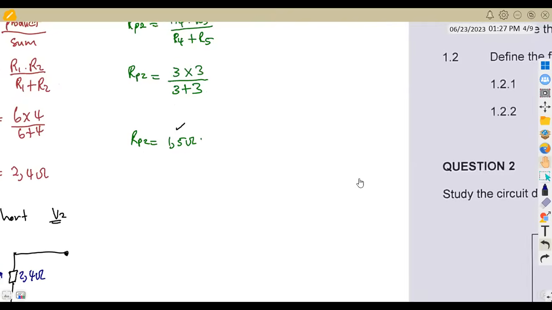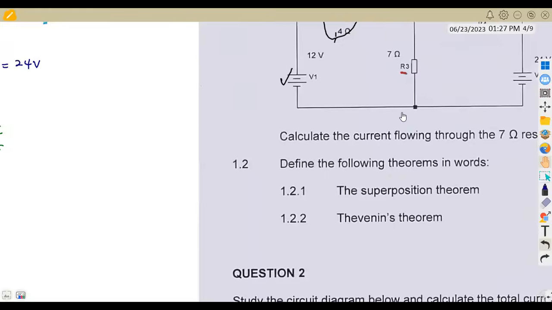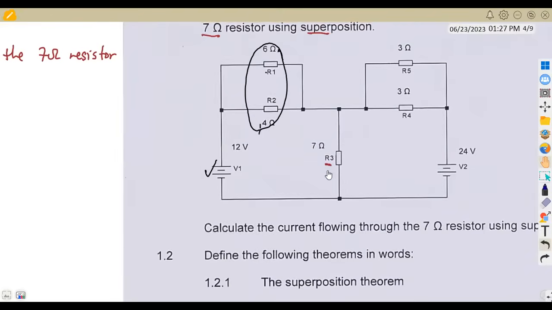We are going to remain with R3, the parallel combination. We combined this before, but now we said we are shorting V2, so this is a series combination. It's just the resistor that we are having, the RP2, but in parallel with R3.